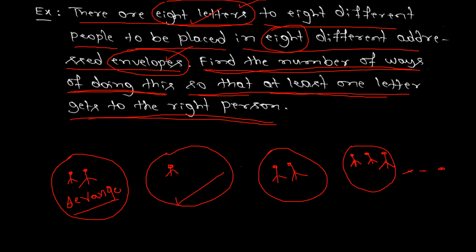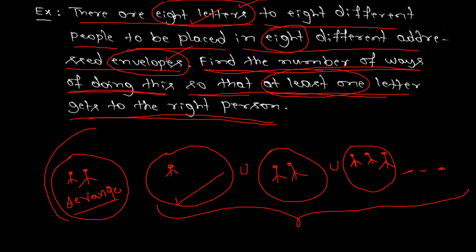At least one means one or more than one letter goes into the right envelope, goes to the right person. We need to take the union of all these sets and count how many possibilities are there till the end.